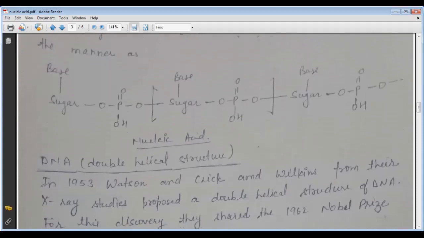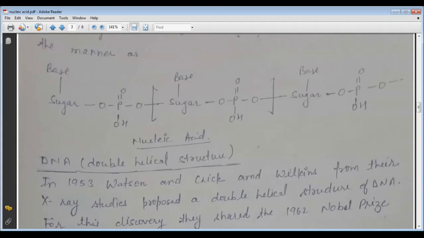Here are the base, sugar, and phosphate; this is one unit. This one unit is connected with the other unit, again base, sugar, and phosphate. So here is the formation of a polymer. It is a biopolymer also.